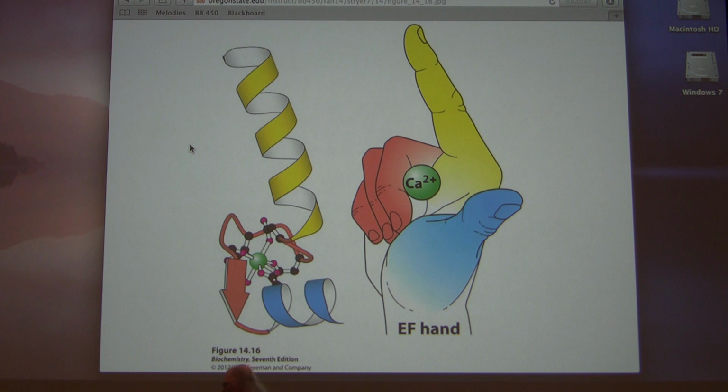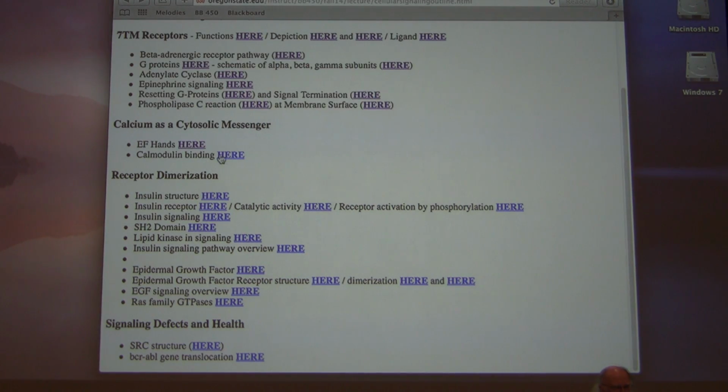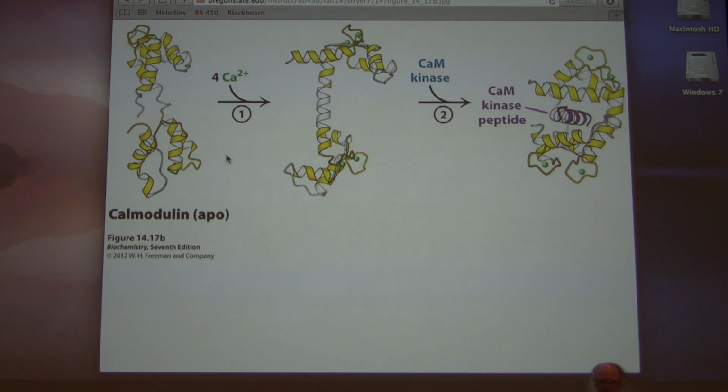Calmodulin is a small peptide that has a structure kind of like this. These are called EF hands. And right here is where the calcium will bind. Now, the binding of calcium by a calcium binding protein, not surprisingly, causes the calcium binding protein to change shape.